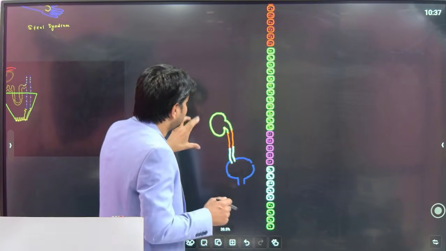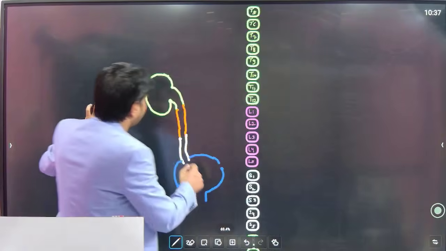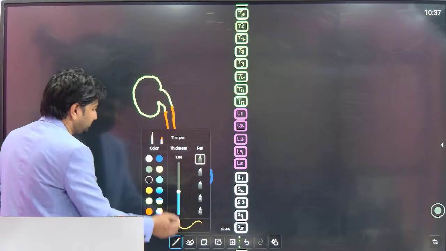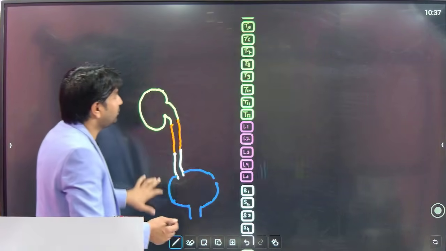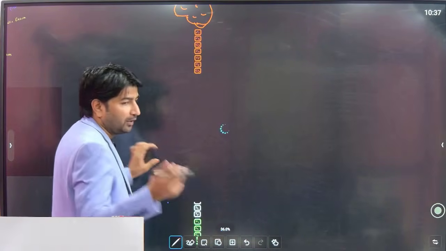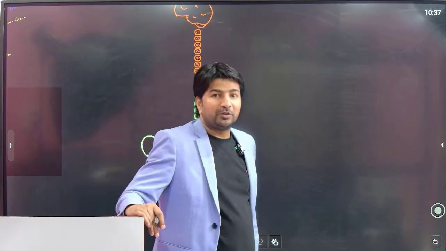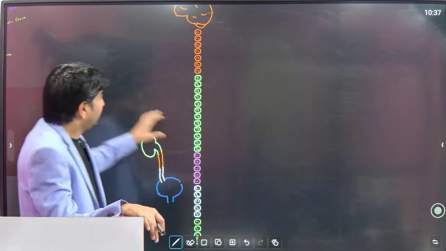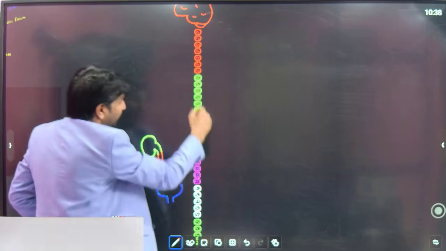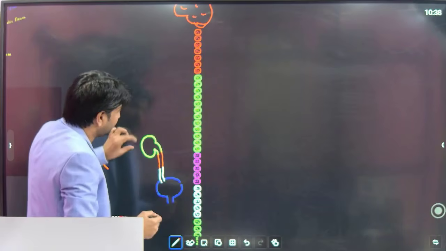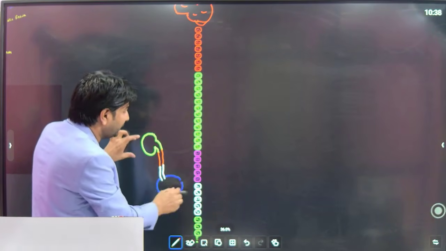When this is our kidney, they carry the pain from this specific region. Within our spinal cord, there are a total of 31 pairs of spinal nerves. They emerge from these different spinal sections, each one coming out from a particular segment.